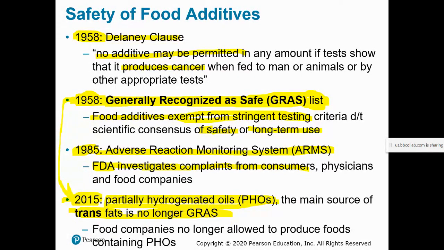And so when we do that hydrogenation to oils or to lipids, we create trans fats, and we know that trans fats are a major health risk in the diet. So slowly, we're starting to remove partially hydrogenated oils and trans fats from our food supply, and trans fats were removed from this list of generally recognized as safe additives.